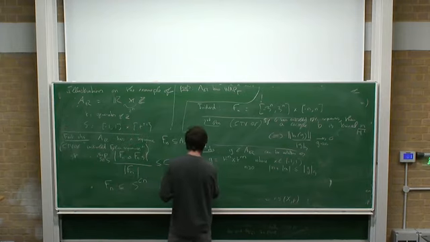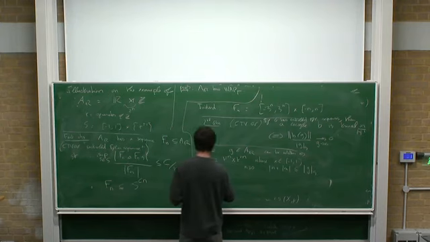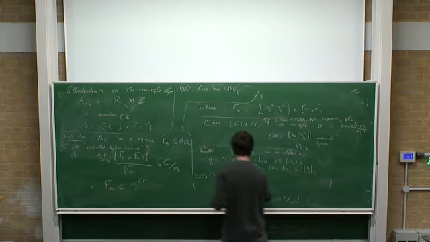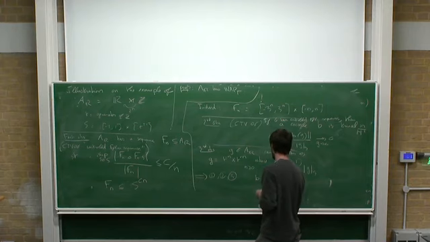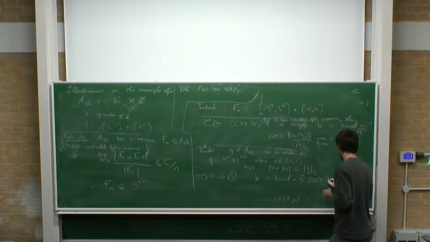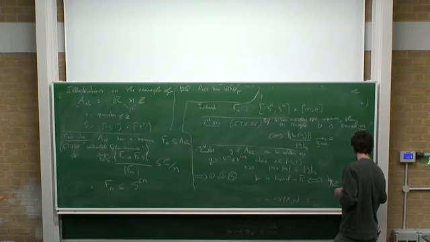So what's the consequence of this? If you combine 1, 2, 3, what you get is that a cocycle B is trivial in H1 bar if and only if B restricted to Z is trivial in H1 bar of pi restricted to Z. Why is that?